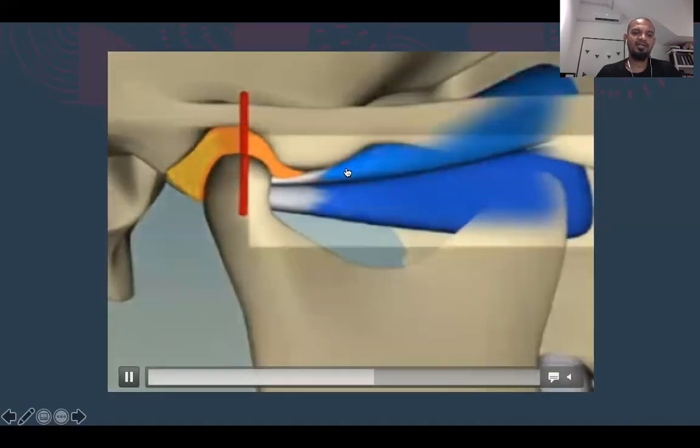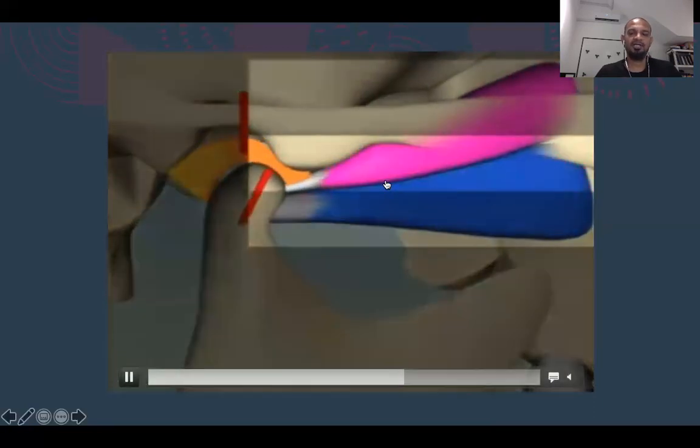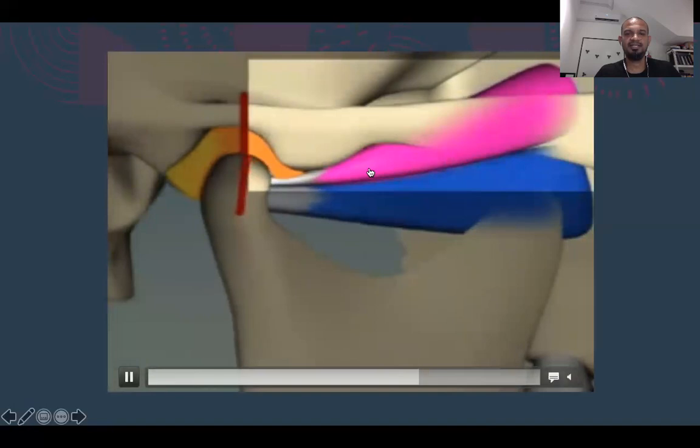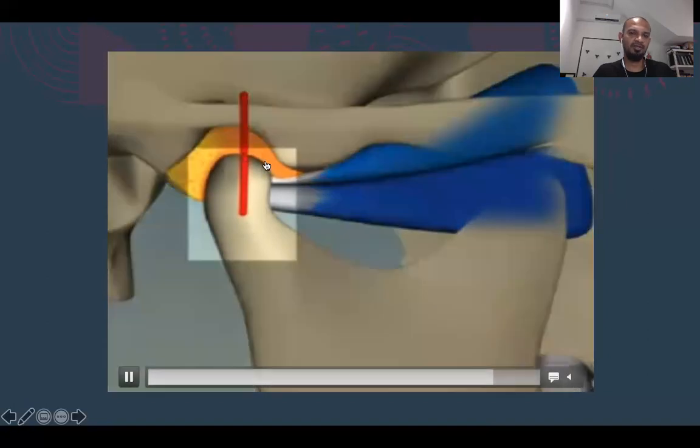This line is just showing the position of the mandible along with the temporal region, and you can see that the centric relationship is always maintained in the intermediate zone between the posterior and anterior aspect of the condyle head and the intermediate zone.